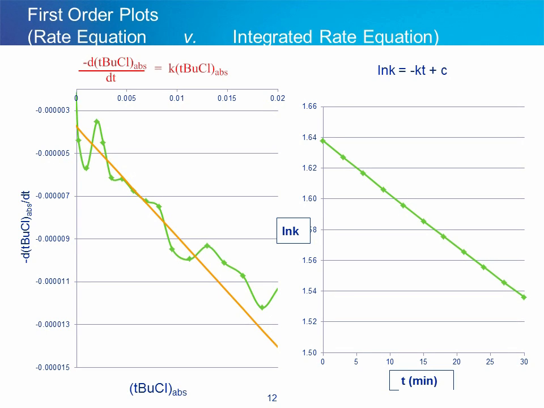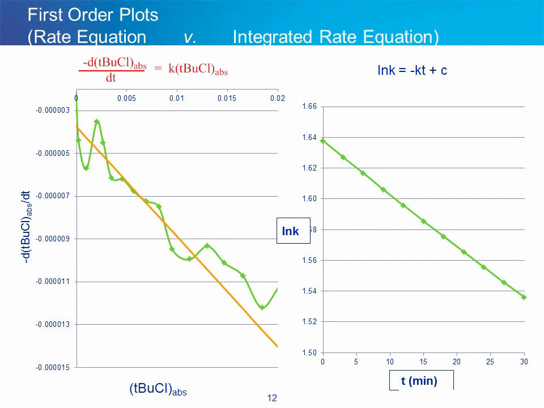Therefore, doing this, plotting rate, which is minus d[tertiary butyl chloride]/dt, versus the tertiary butyl chloride absorbance over the course of the reaction, the analysis gives this green line, which shows somewhat of a scattered plot, but the linear regression of that green line is shown in orange, and the slope of that linear regression line is the rate constant k. So this is actually a quick and dirty way of doing an analysis directly from the rate equation.